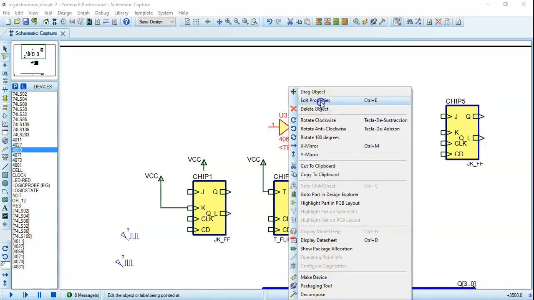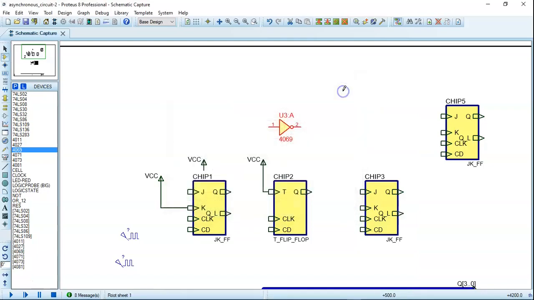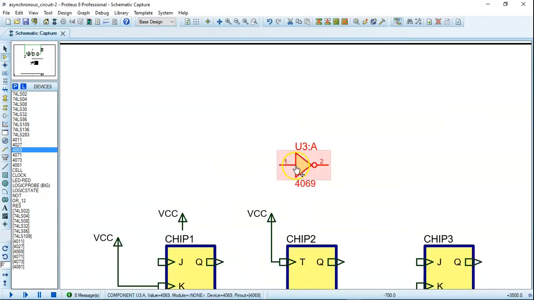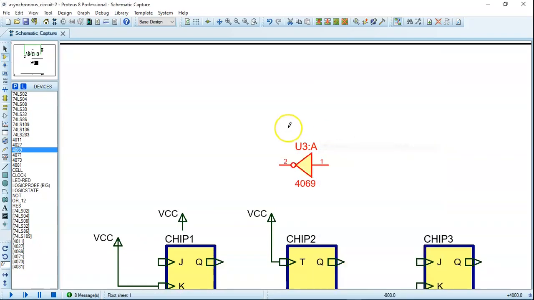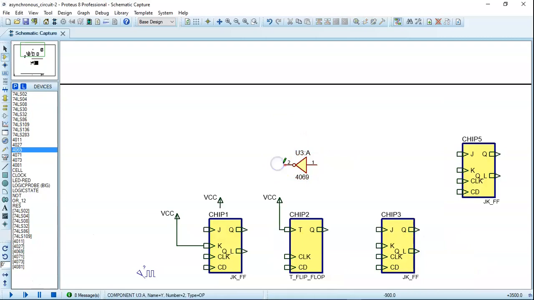You can make this text field out of here. So now it's time to flip this, mirror, X. Now you can continue with the connections.